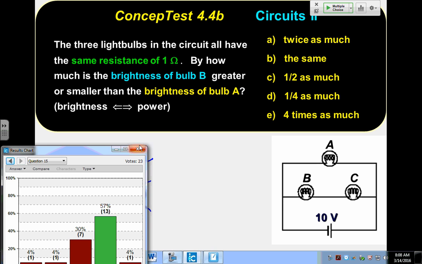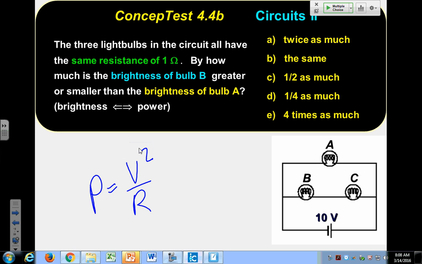Our voltages are different by a factor of 2. So bulb B has half the voltage. If it has half the voltage, that means it has 1/4 of the power. So half the voltage gives me 1/4 of the power, so it's 1/4 as bright as bulb A.